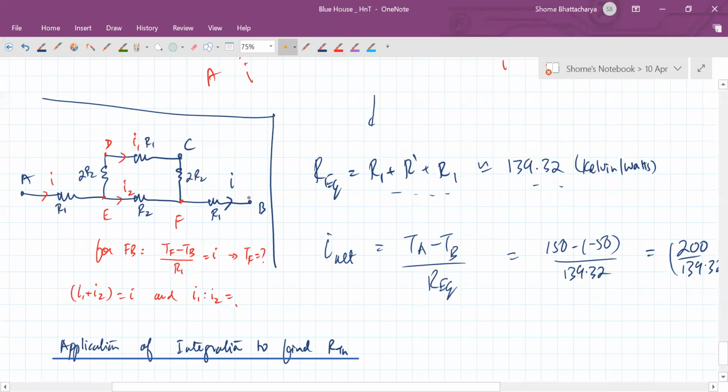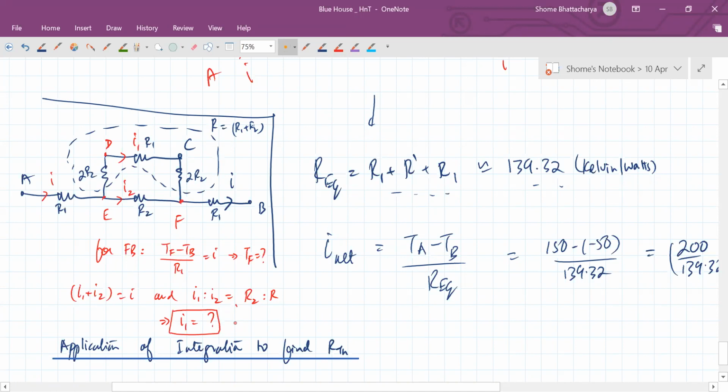So it will be the inverse of this combination, which we take as R. So this R was R1 plus R2. So this ratio will be inverse of this. It will be R2 is to R. So from this you find out how much I1 is.